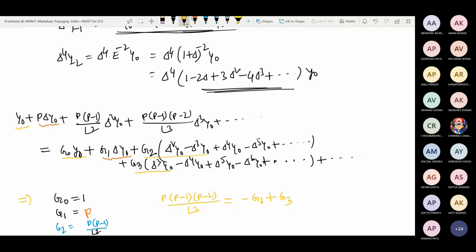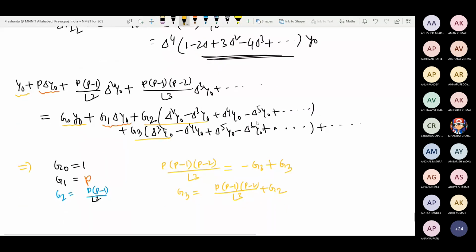So from there you will have to calculate g3. So g3 will be p into p minus 1 into p minus 2 by factorial 3 plus g2. Add them and tell me what is g3, and then I'll tell you the remaining coefficients. Tell me what is g3.